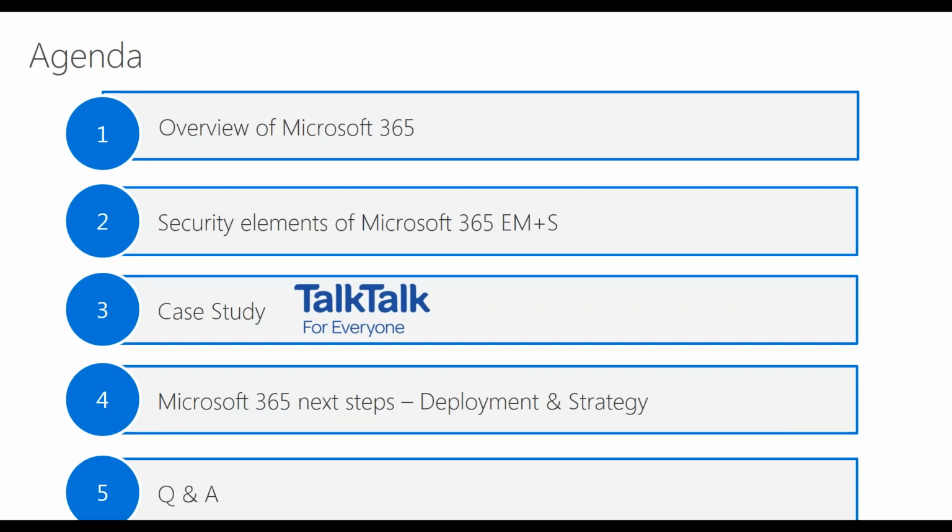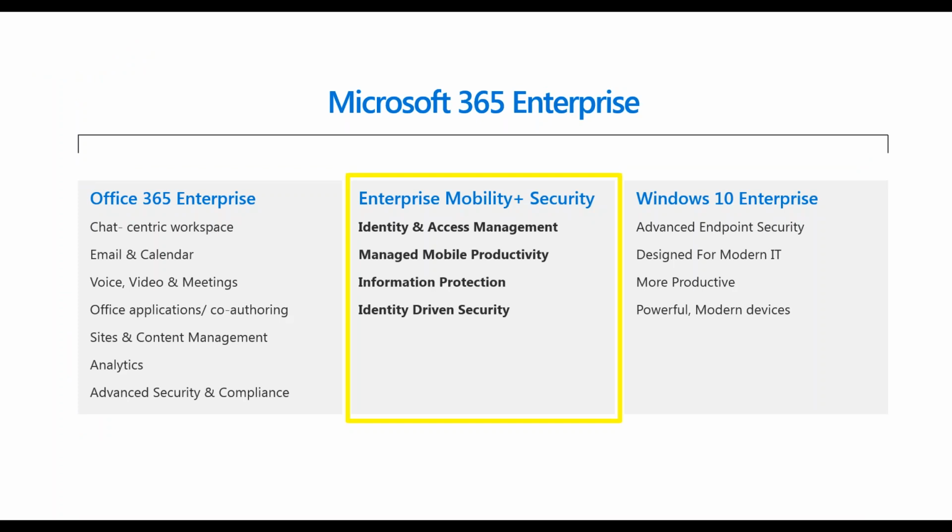So what we're going to do today is take you through the agenda, which is the overview of Microsoft 365, the security elements of Microsoft 365. We're going to focus on a case study by TalkTalk, who actually implemented the technology, and then we're going to talk around Microsoft 365 and how you can actually get on with deploying the service. So Microsoft 365, as we said, is made up of 3 components.